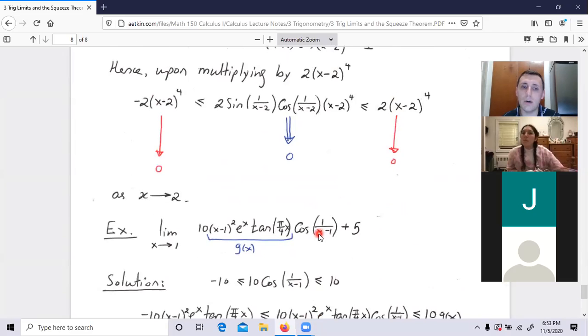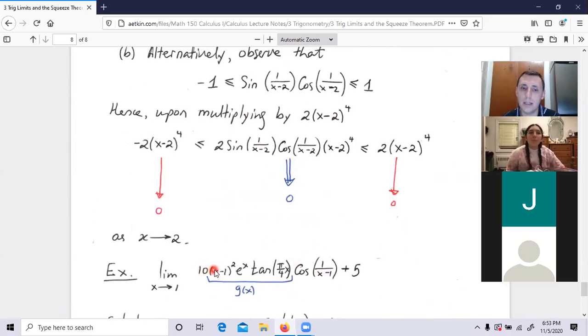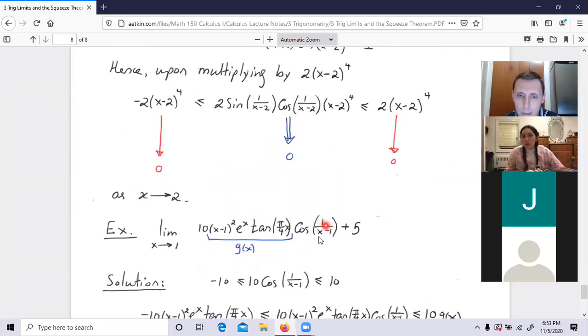Here is one more example. 10 times (x minus 1) squared times e to the x, tangent of pi over 4x, cosine of 1 over (x minus 1), plus 5. Cosine is a value between -1 and 1, and everything else here, whatever it is, goes to 0.